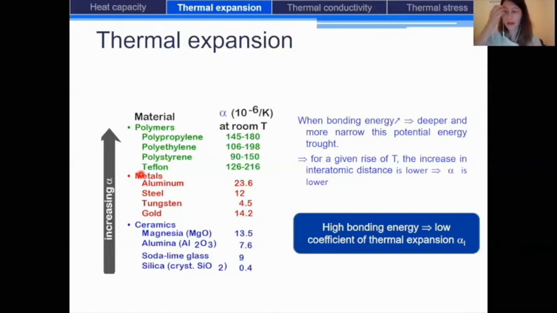This is due to the fact that the free volume increases and the rotational and vibrational energy in this material increases a lot, and these values are related to the bonding energy in the material. So in ceramics we have ionic bondings that are quite strong, and so that reduces the value of the coefficient of thermal expansion.